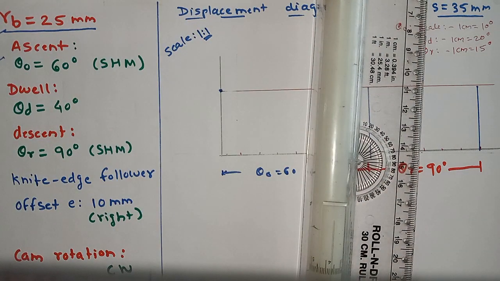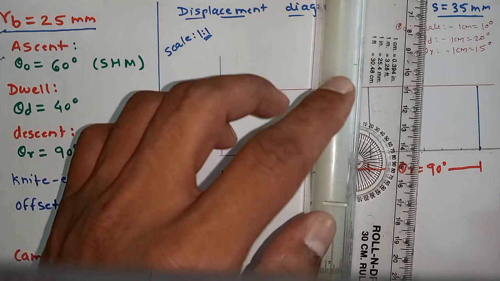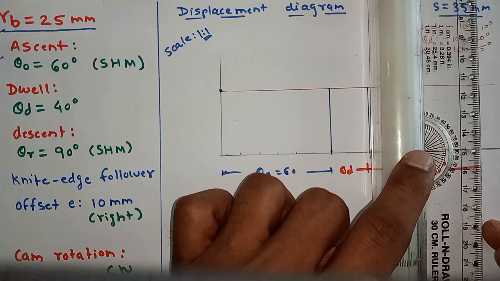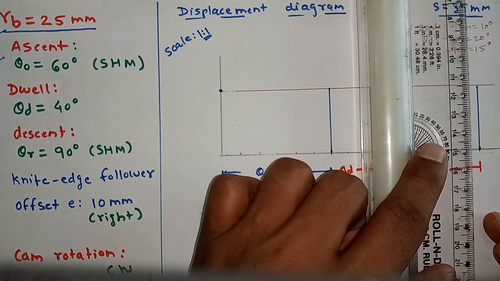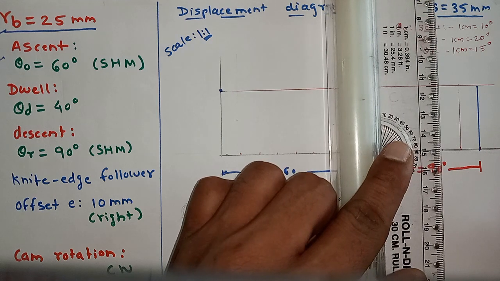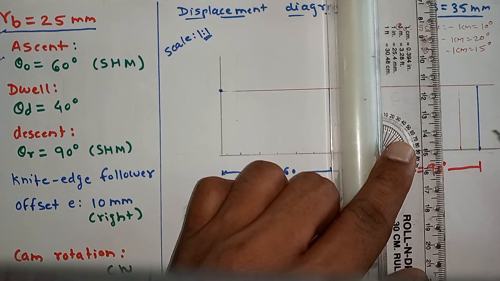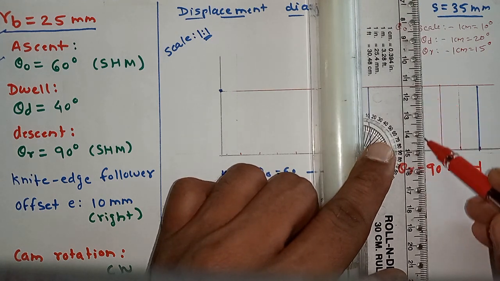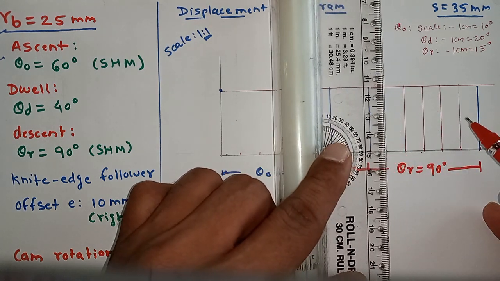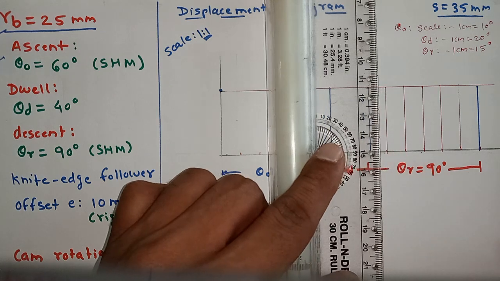I will draw the vertical lines passing through these divisions, lines parallel to the y-axis. So this is my last division, this is the next one, and this one is the first division.